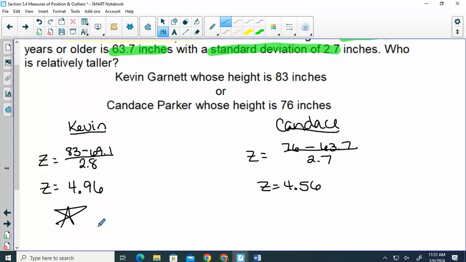They're both below average. So if I said who did better, you would want the one that was closer to 0, right? The bigger the negative, the worse they did there. So you kind of have to think about what the application is. If I were talking about your times for running a race and you had negatives, what does that tell you?